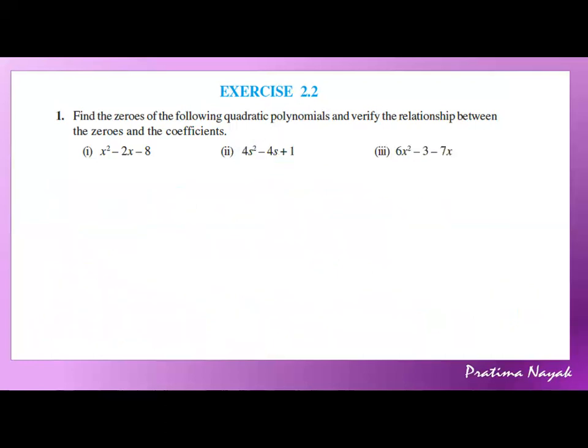Next, third: 6x square minus 7x minus 3. Arrange it first. Then you have to think of two numbers whose product is 6 into 3, 18, and the difference is 7. So certainly it will be 9 and 2.